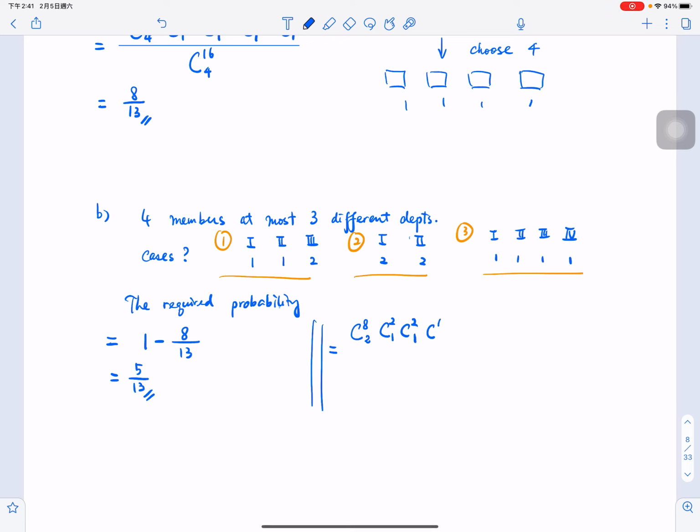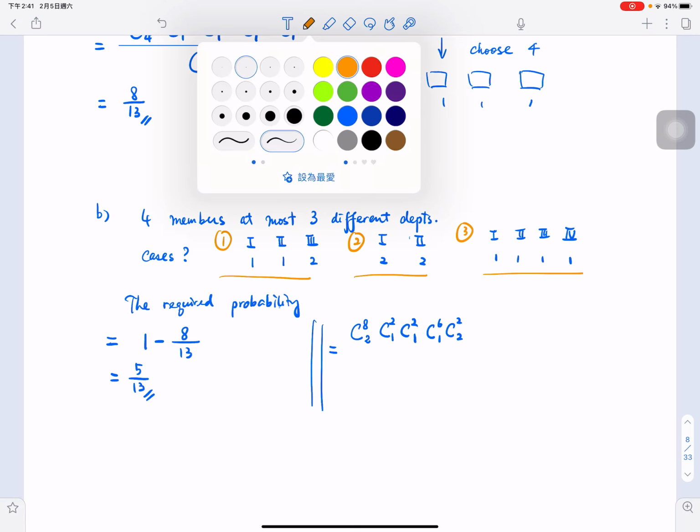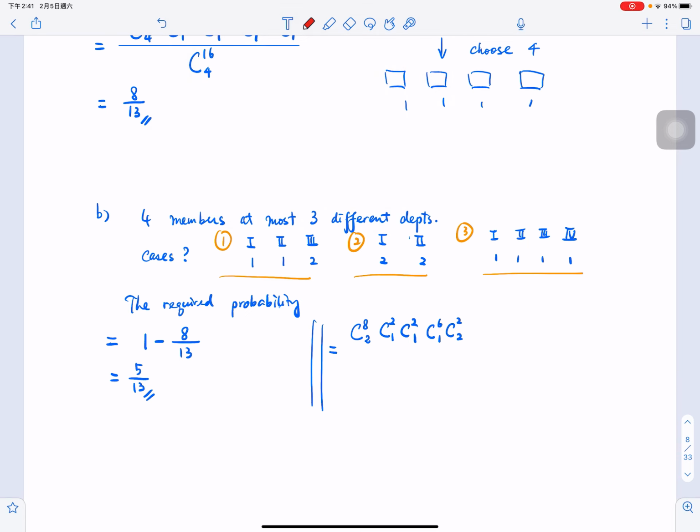You still have 6, you choose 1, and we choose all of them. I will underline this one.